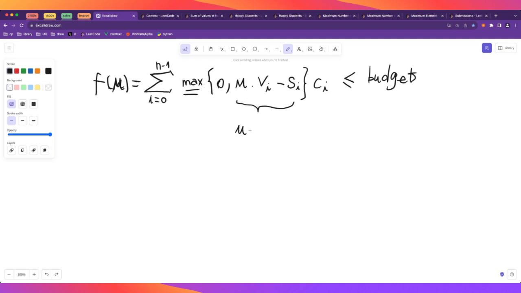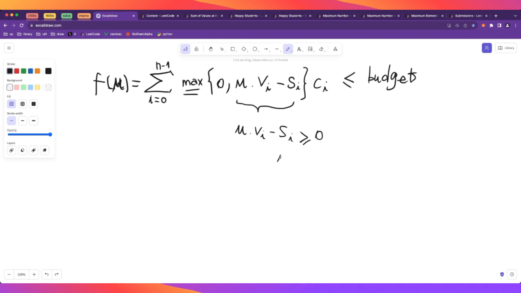On whether u times b of u minus s of I is greater than or equal to 0. If this inequality is true, then we can remove the maximum and we can keep only this, right? So how do we solve this in terms of u?